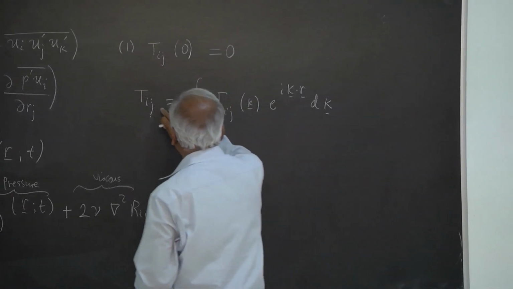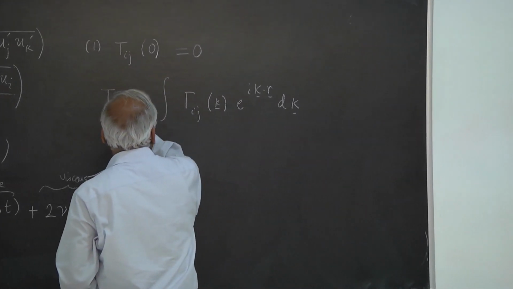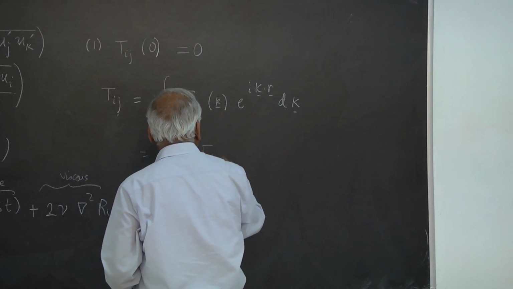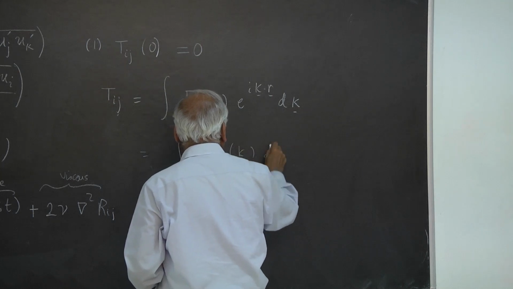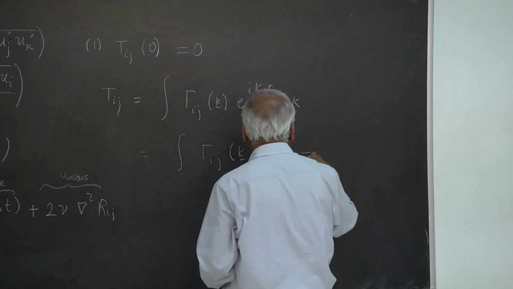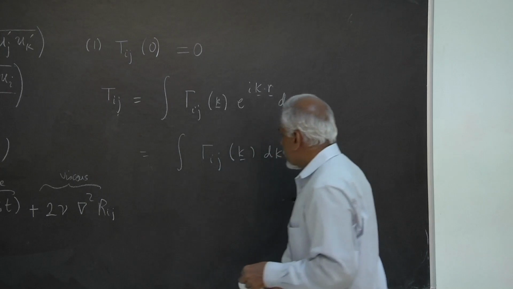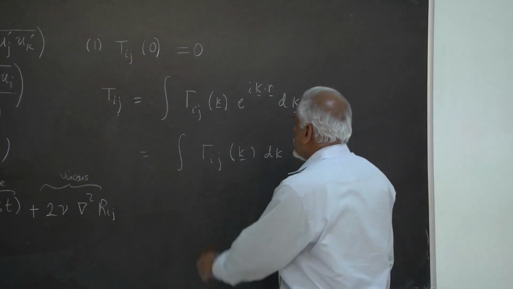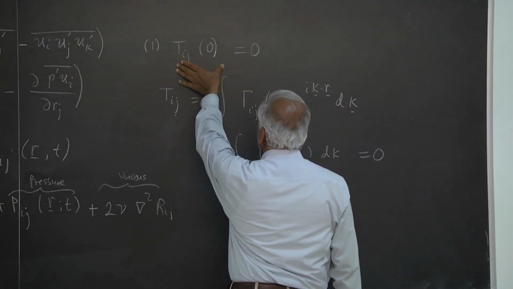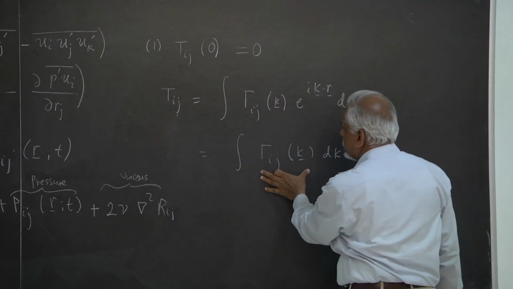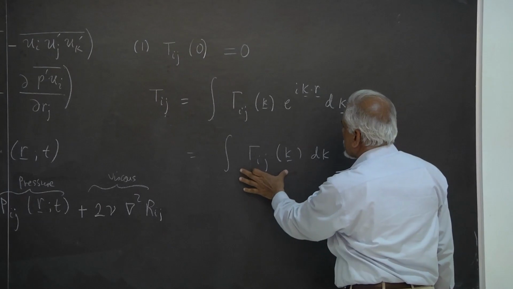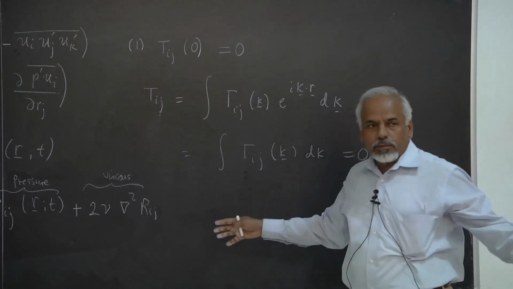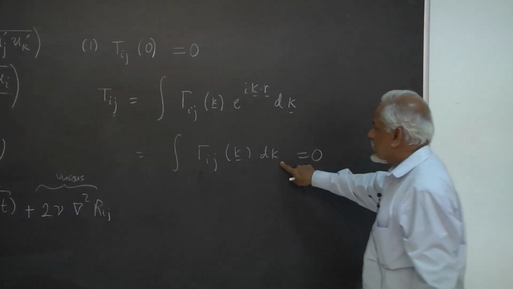So T_ij of 0 will be equal to the integral of gamma_ij of k dk. This is equal to 0 from here. So just imagine what this means for a minute. I have the nonlinear term, and the nonlinear term has a Fourier transform. So all nonlinear effects added over the entire wave number space will be equal to 0.